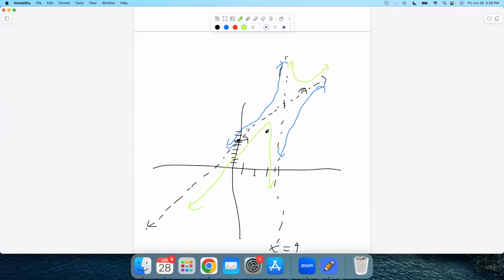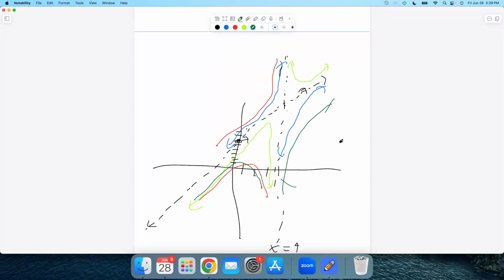Now, it can't do this. This would be impossible. The graph could not live here and here. That would fail the vertical line test. Could the graph, do we have more colors? Yeah. Could the graph possibly live here and here?